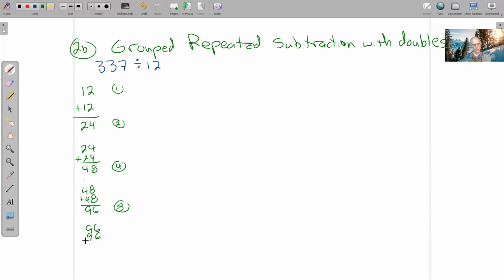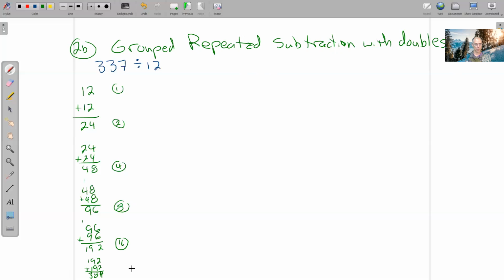96 plus 96, 6 and 6 is 12, carry the 1, 18, 19, 192. That would be 16 groups, and I keep going until I surpass the number I have. So then 192 plus 192, I'm running out of room, is 4, 8, 384.